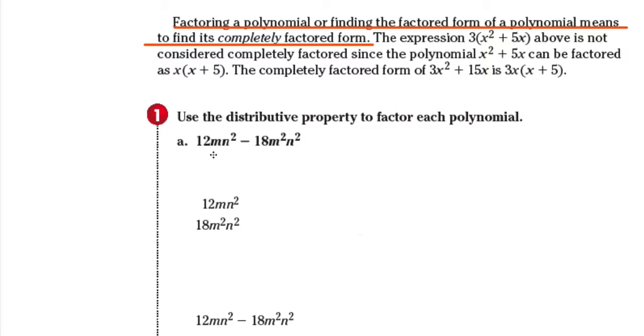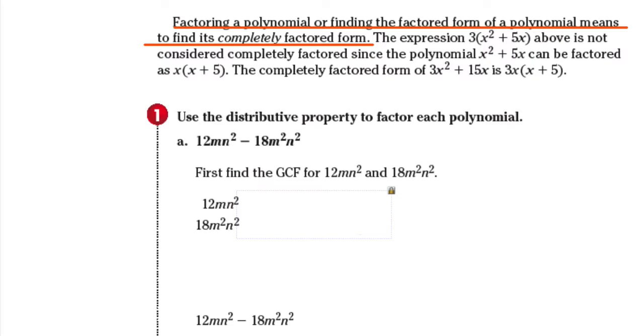And let's take a look at this one. Use the distributive property to factor each polynomial. We have 12mn squared minus 18m squared n squared. Again, in lesson 1, we talked about GCF. So we want to find the GCF of 12mn squared and 18m squared n squared. So we use prime factorization, or completely factoring them.